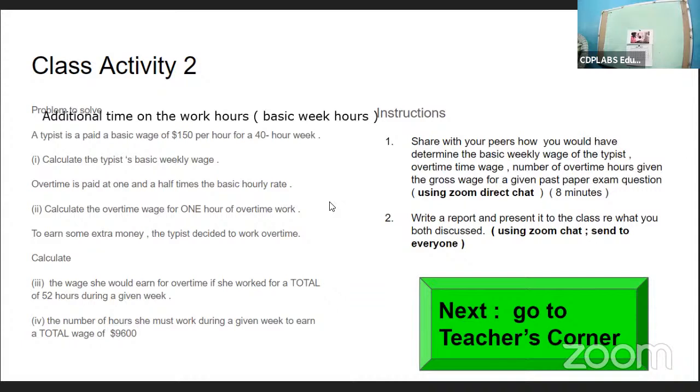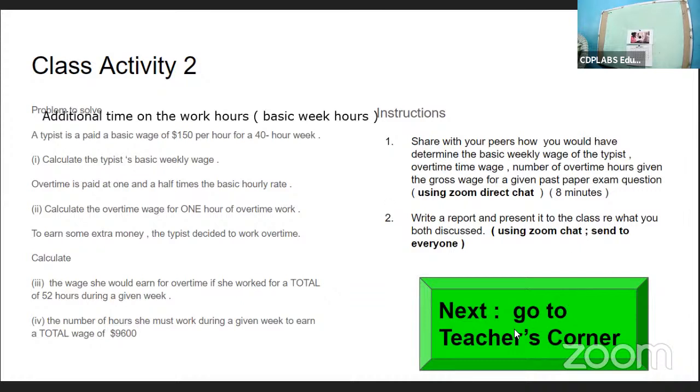All right. Now, we're going to analyze this question. What it's asking us to calculate, rather, is the wage she would earn for overtime if she worked for a total of 52 hours during a given week.